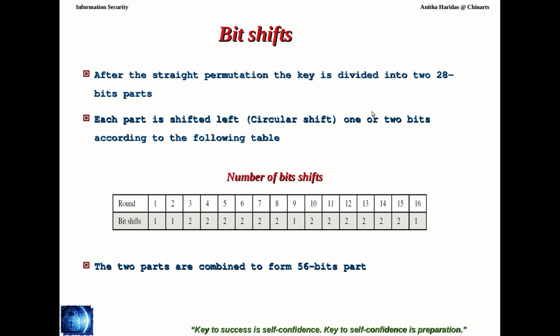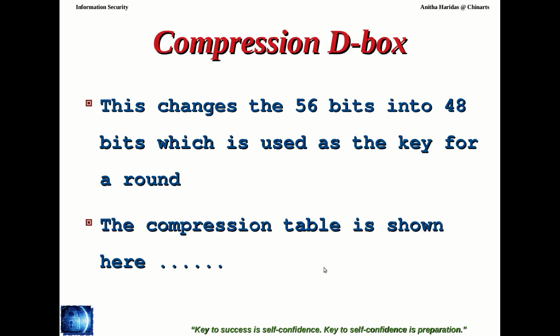This 56 bits is divided into two 28-bit parts, which will be using the circular left shift operation. Maybe 1 or 2 bits will be shifted according to this particular table. After shifting, these two parts will be combined to form this 56 bits.